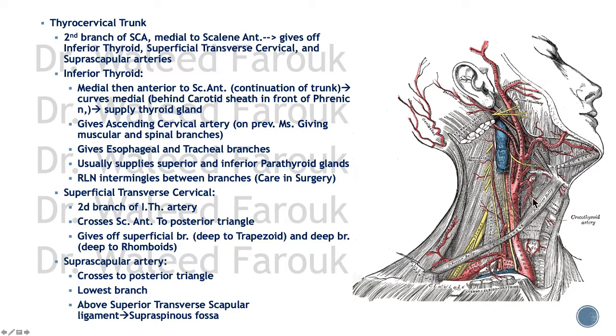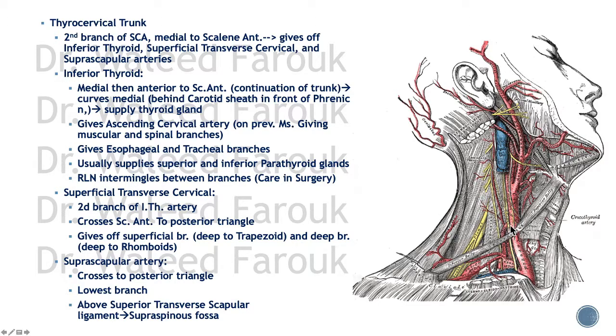It supplies the major part of the inferior aspect of the thyroid gland and the parathyroids, actually, because the superior parathyroid are level with the isthmus of the gland, so it supplies both the superior and inferior parathyroid glands.